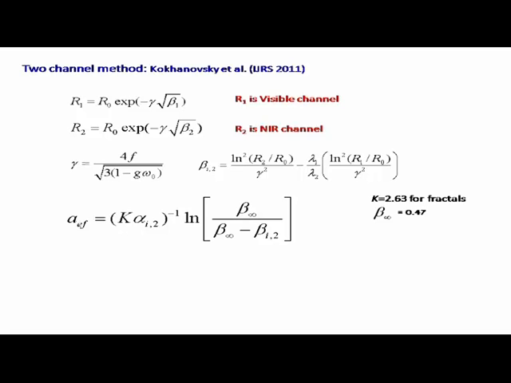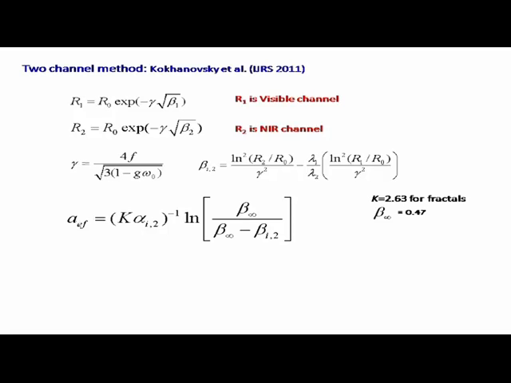For two unknowns you require two equations. Basically we wanted to estimate the snow grain size where there should be no effect of any contamination in the NIR region.